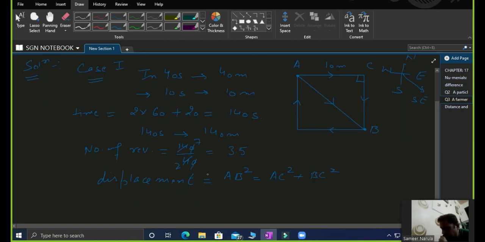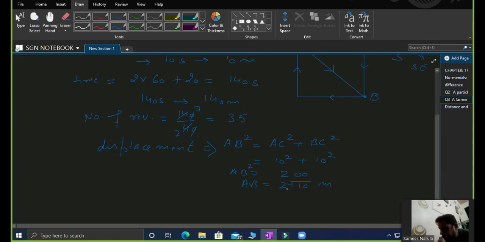Now that is 10 square plus 10 square. This is nothing else than your 200. Now AB is equal to root of 200, that is equal to 10 root 2.